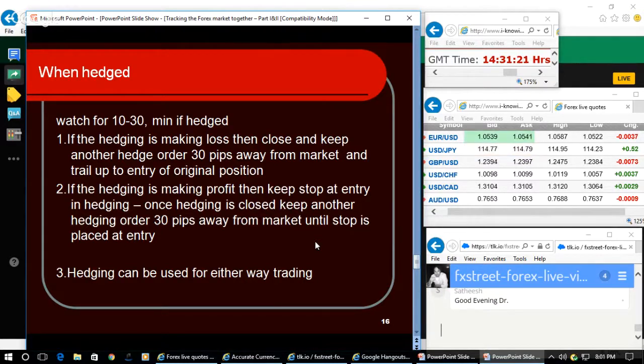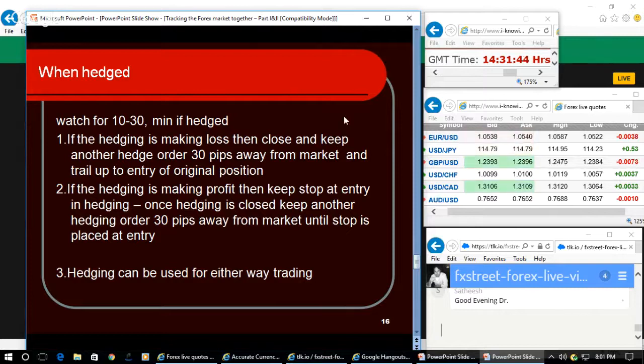When the market is making an unfavorable move, you have to be alert and take appropriate decisions and close the position either with profit or with loss, and book profit on the hedge. Thereby you will be able to get the net profit. Otherwise you can just book profit either way. During the downward move you can book profit, and during the upward move you can book profit alternatively.